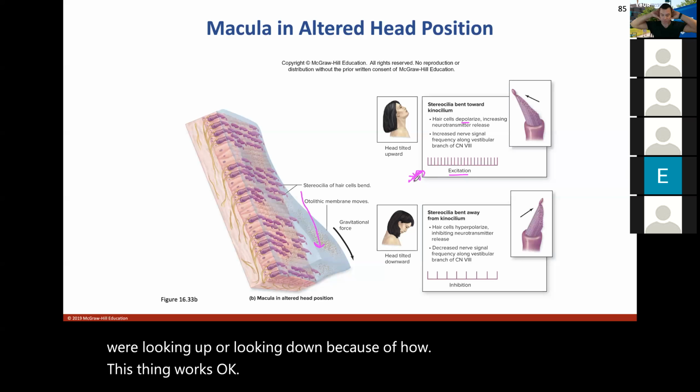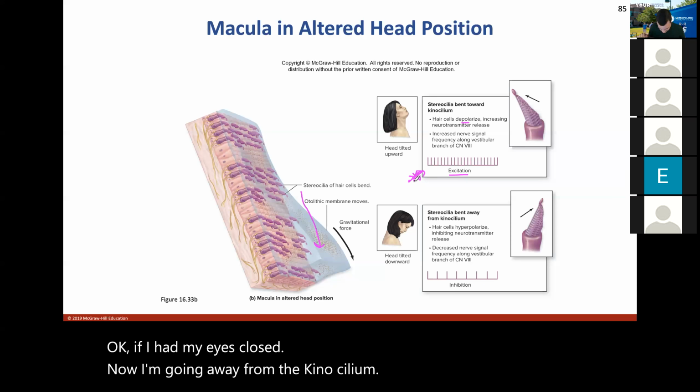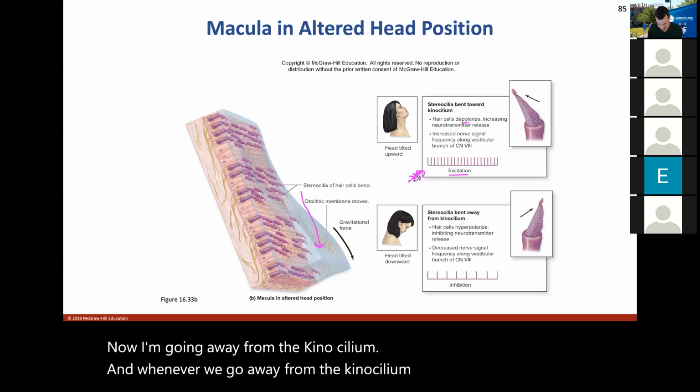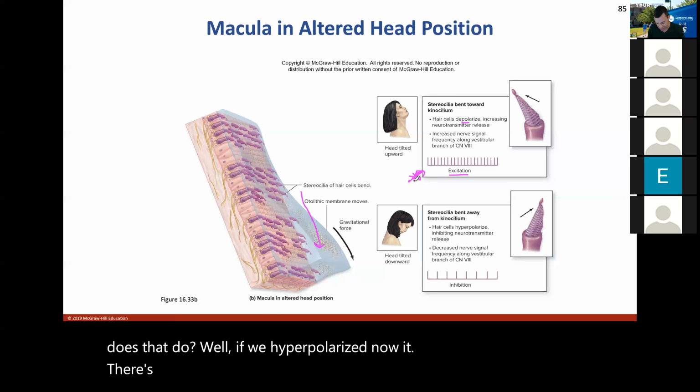Again, if I look down, okay, if I have my eyes closed, now I'm going away from the kinocilium. And whenever we go away from the kinocilium, we hyperpolarize. Okay. What does that do? Well, if we hyperpolarize now, there's even fewer action potentials being propagated.